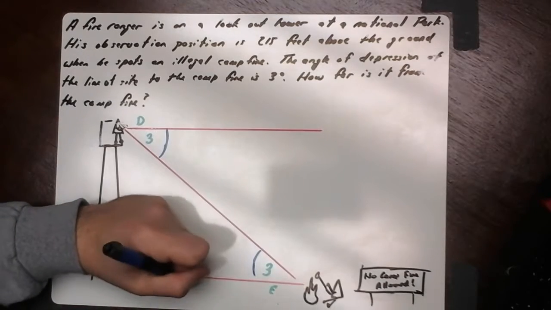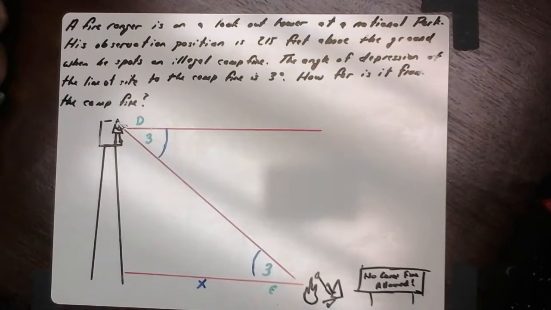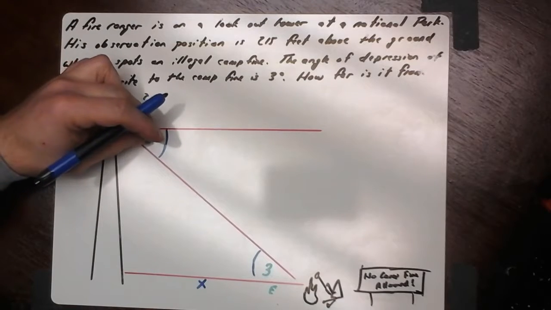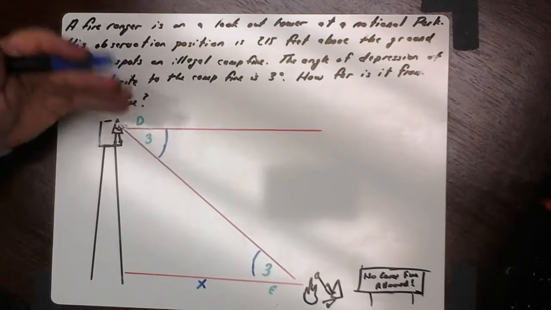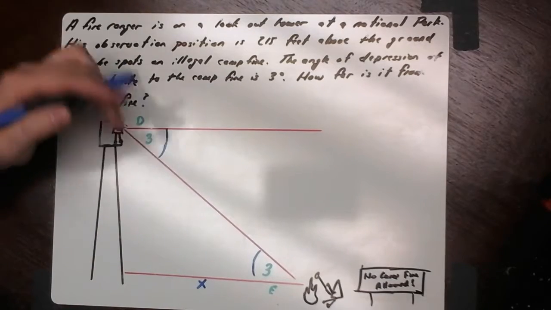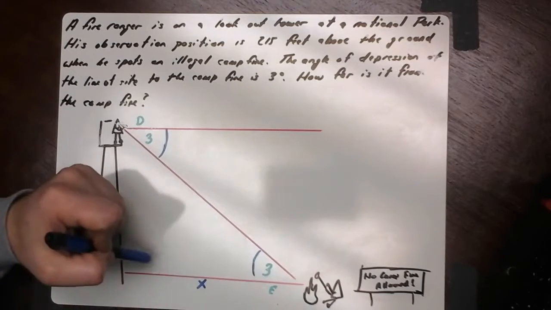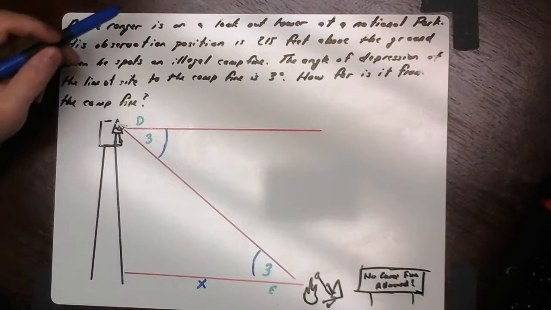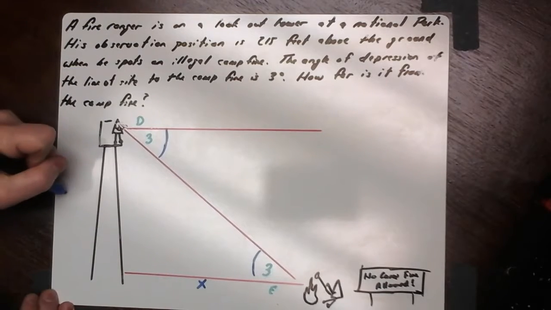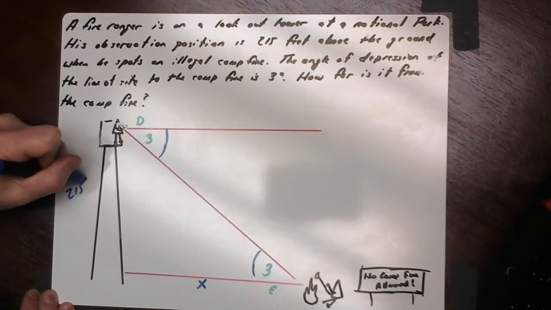So we want this distance down here. Okay? So this angle here, it's not that useful. But this angle is. I could use this angle to calculate my distance. I know that the tower is 215 feet tall.